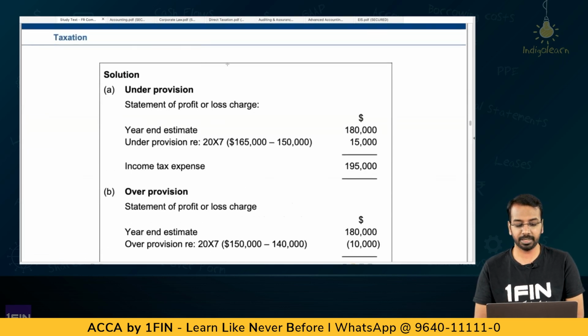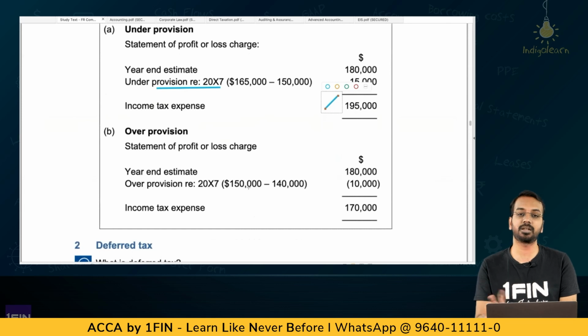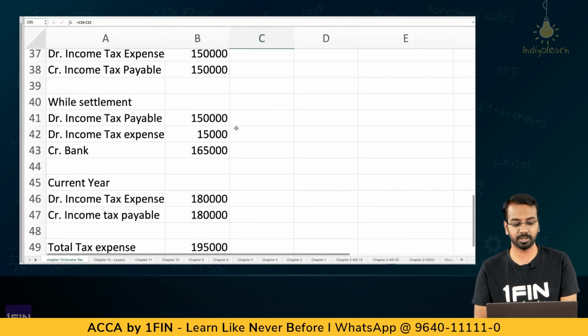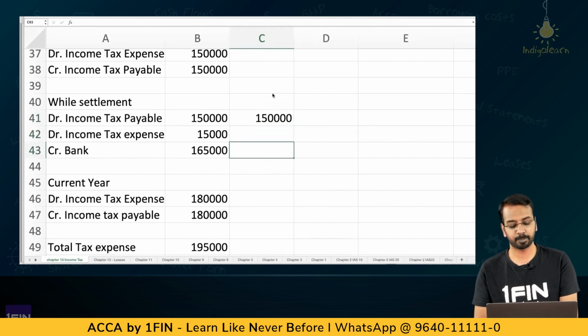Year end estimate 180 plus under provision with respect to year 7,15, total becomes 195, right? In the second case, just reverse scenario. What is the scenario? In the second case, the scenario is income tax payable 150. Then credit bank 140.